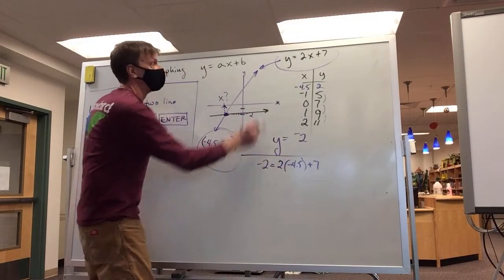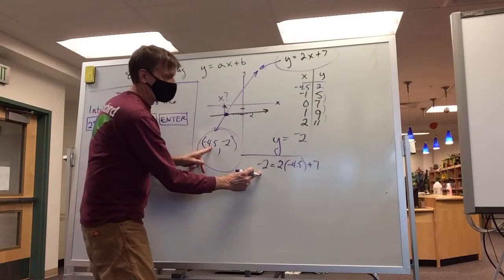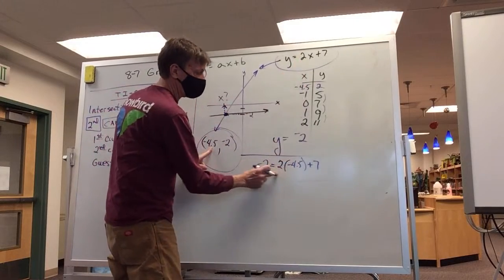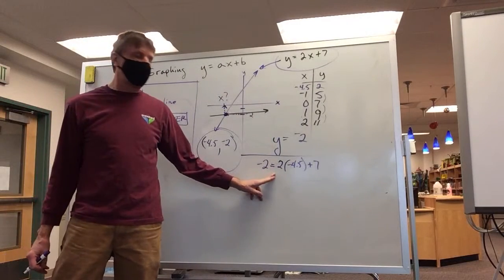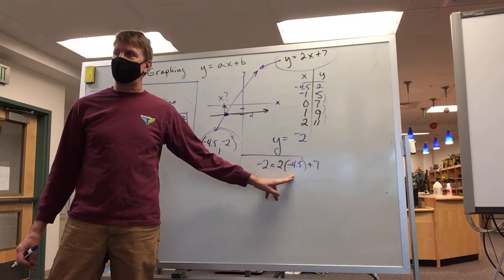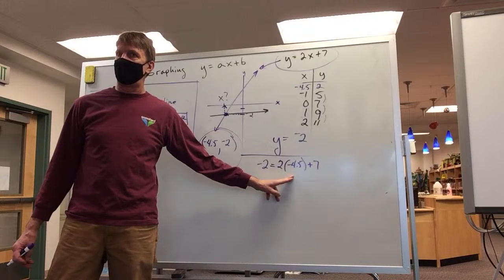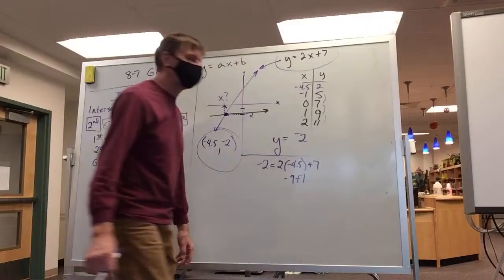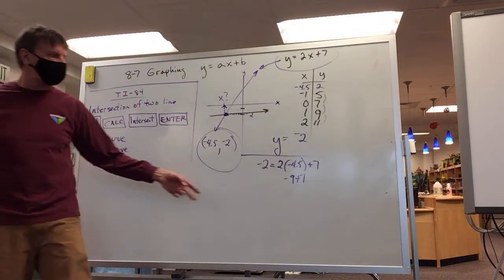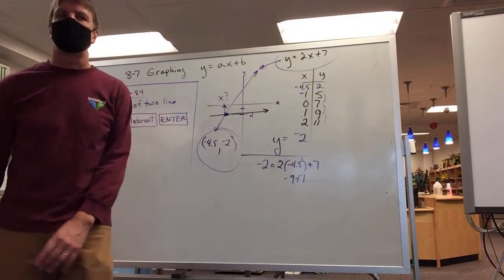This is the y value. -4.5 is the x value. And solve that. It's 2 times -4.5. That's -9. What's -9 plus 7? -2. Does it work? All right, sweet.